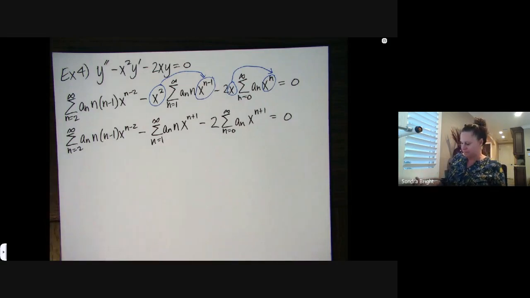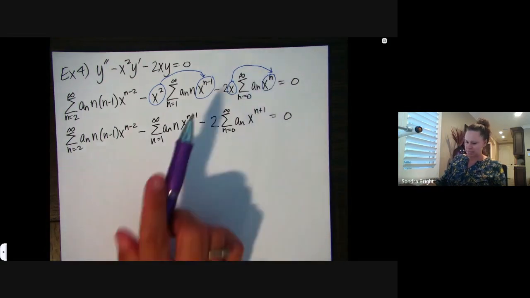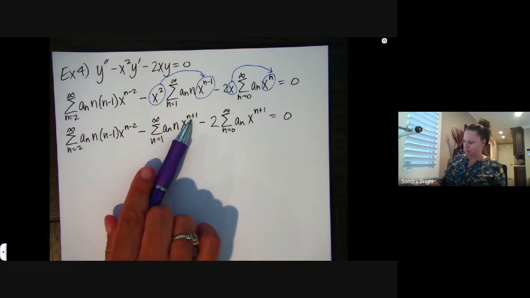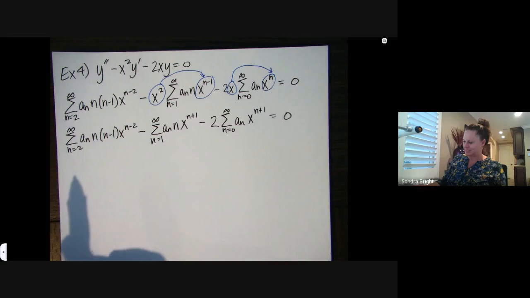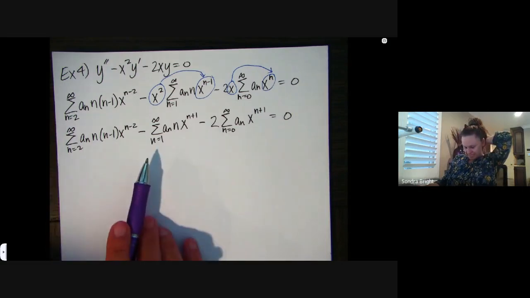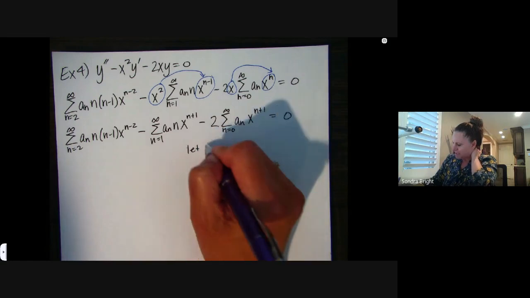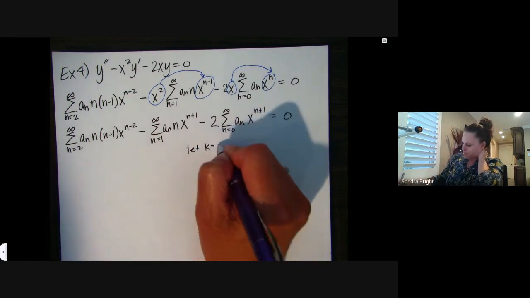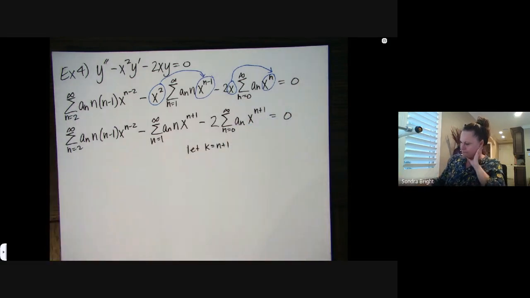I want all of my indices to be the same. I've got an n plus 1 and I've got an n plus 1. So let k be n plus 1. Then k minus 1 will equal n.